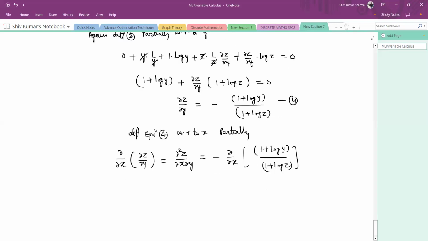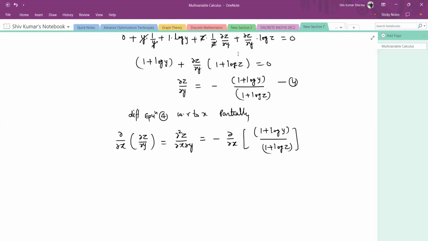Okay, so we use the divide rule. We write the denominator into the differentiation of the numerator. The numerator has the constant value 1 plus log y. When we differentiate partially with respect to x, we treat y as a constant, so the differentiation of the numerator is 0.